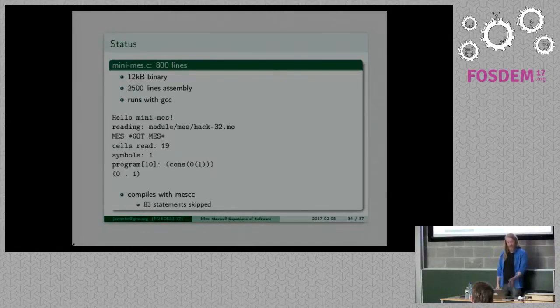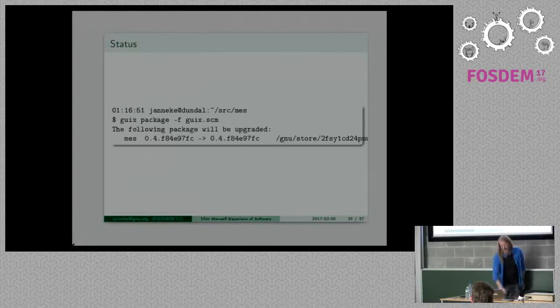It reads an S expression that reads cons 01 and executes that and gives the cons. MES cannot at the moment do this, and I'm working on that. There are some statements that are still not parsed by MES.